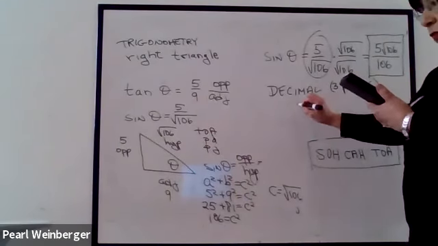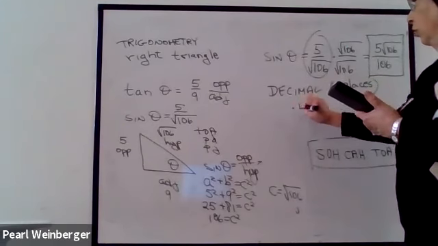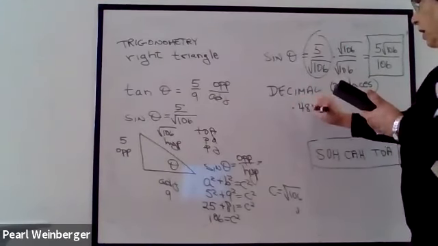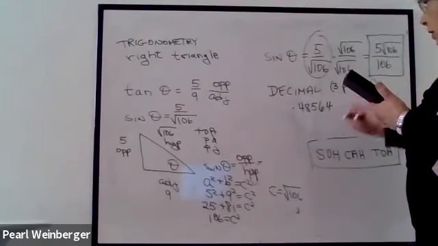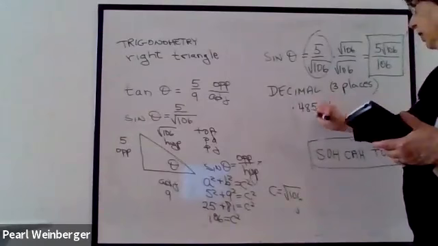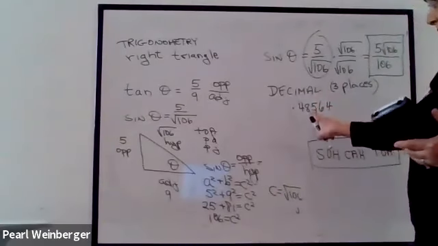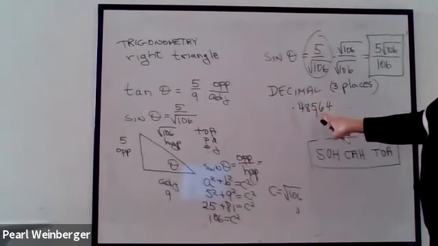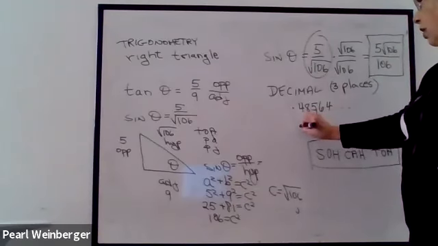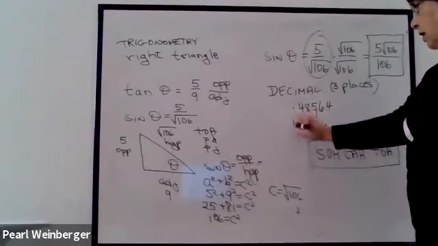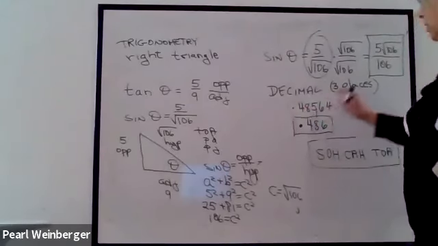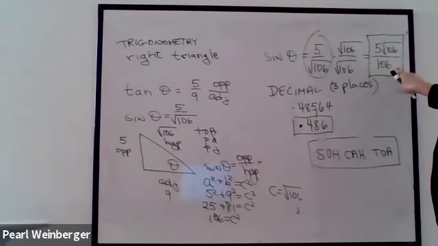And it comes out to be 0.48564, etc. And again, I wanted 3 decimal places. So I'm going to stop after this 5. The next number is a 6. So rounded off, it would be 0.486 as my answer. So here's my answer as a fraction.